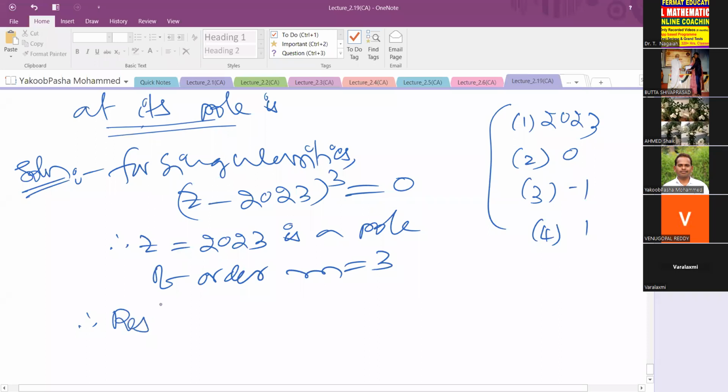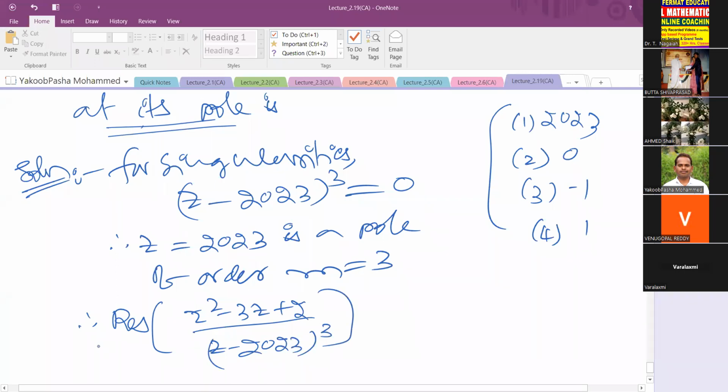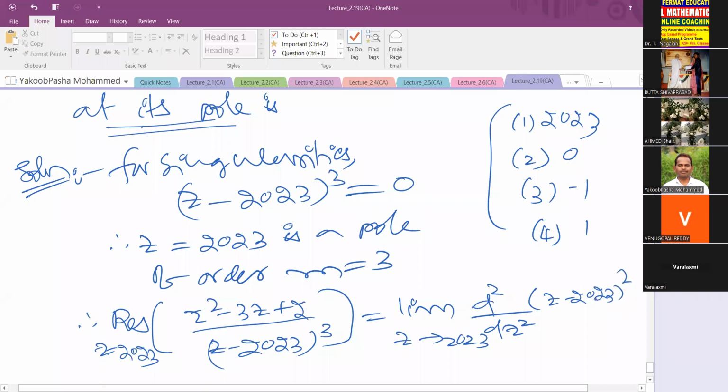Therefore, the residue of the function (z square minus 3z plus 2) divided by (z minus 2023) whole cube at z is equal to 2023 is given by the formula: limit z tends to 2023 of d square by dz square of (z minus 2023) whole cube into f of z.